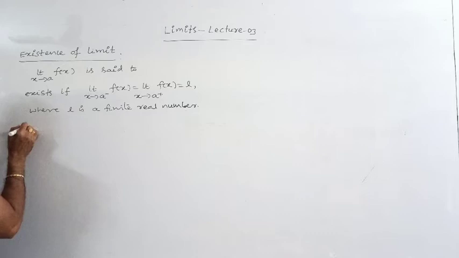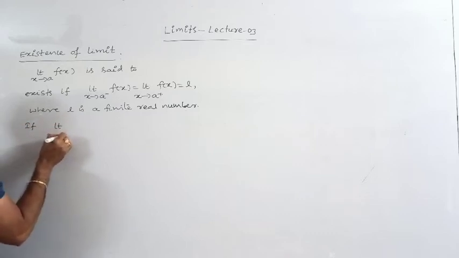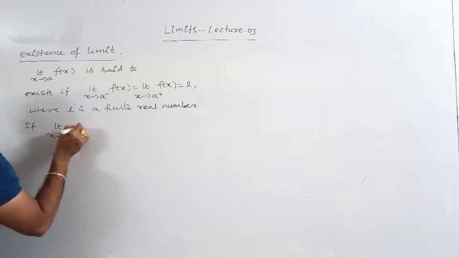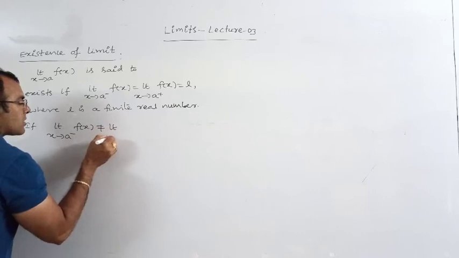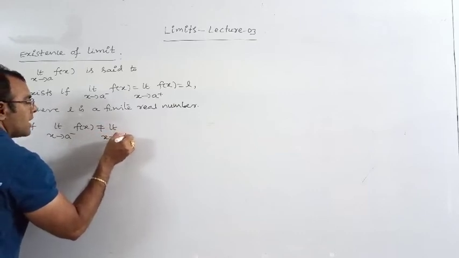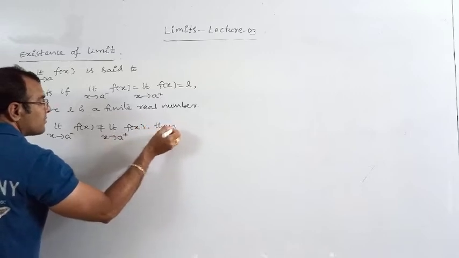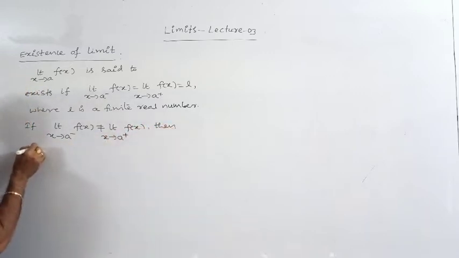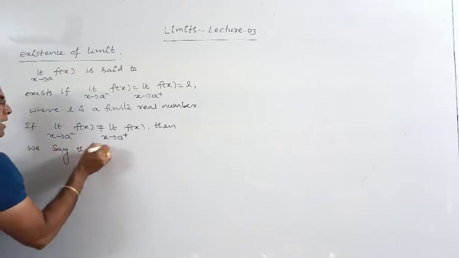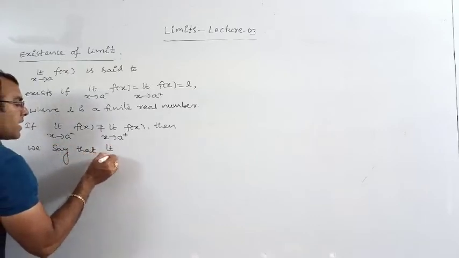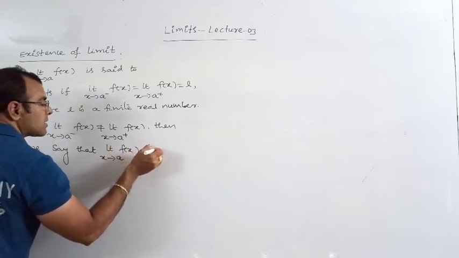Here I am writing, if limit x tends to a minus f of x is not equal to limit x tends to a plus f of x, then we say that limit x tends to a, f of x does not exist.